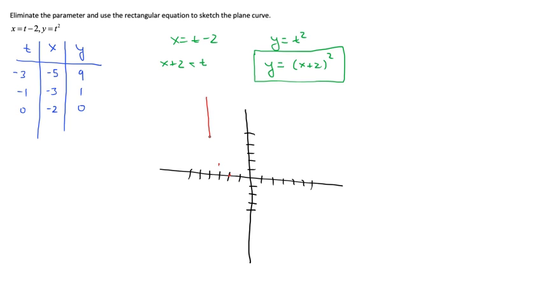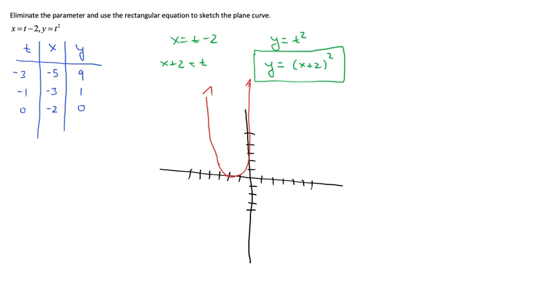So our graph is just going to be a U that goes a little something like this. Maybe we could have plotted 8, 10, 12 points and got the same graph, but sometimes eliminating a parameter is also good.